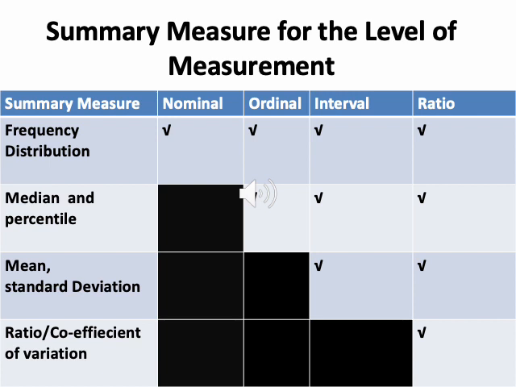The fundamental thing we need to remember is that the ratio variable, being the most complex, can be summarized by all kinds of measures. It can be summarized by frequency, by median and percentile, or mean, or by coefficient of variation.